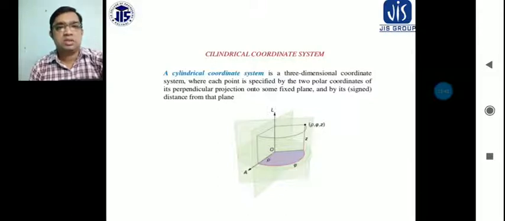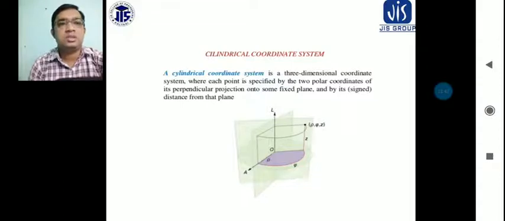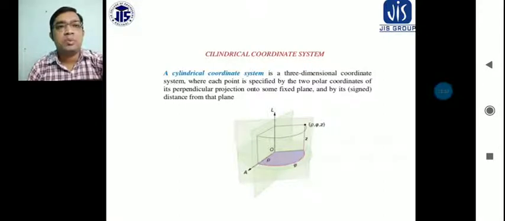The cylindrical coordinate system is a three-dimensional coordinate system in which a point is specified by the two polar coordinates of its perpendicular projection onto some fixed plane, and by its signed distance from that plane. You can see this in the three-dimensional figure of the cylindrical coordinate system.